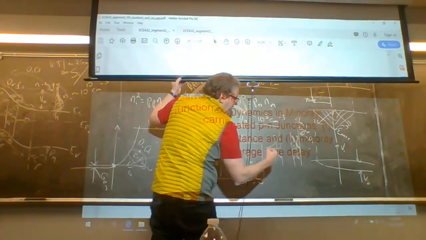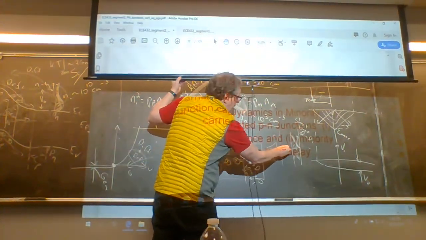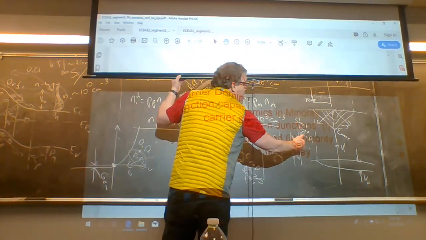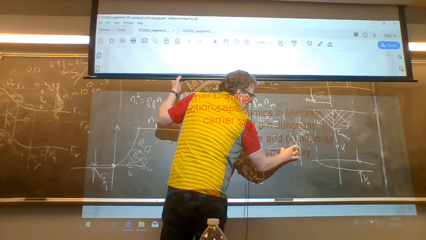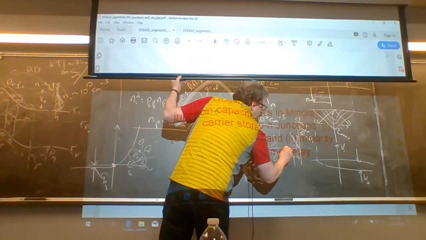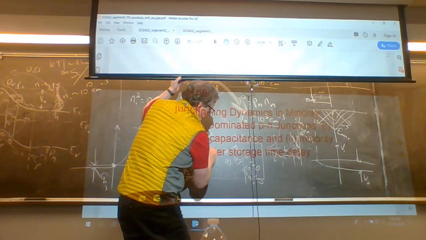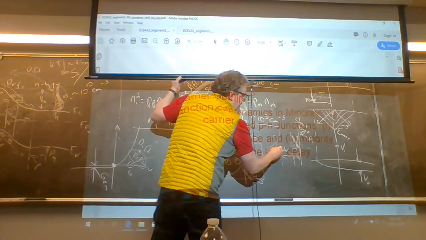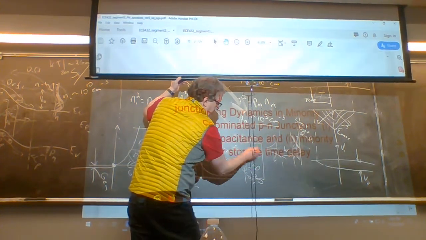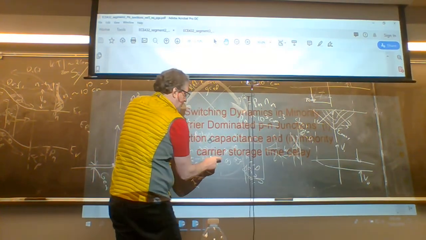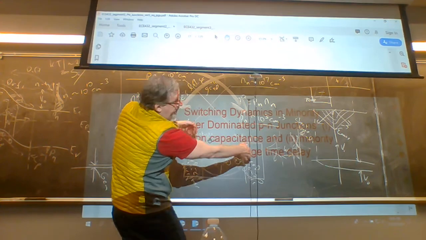So this is the one that's inside the junction, and these are the ones that are outside the junction. This is where it's undepleted. The depletion region is in here. This is W. That's W. So this is happening out here. Right? So there's a dipole in the middle and a dipole on the outside.